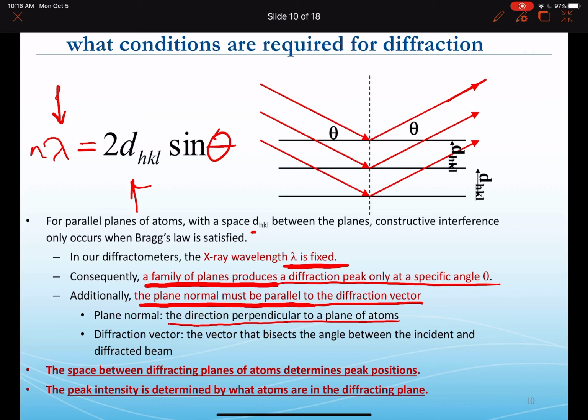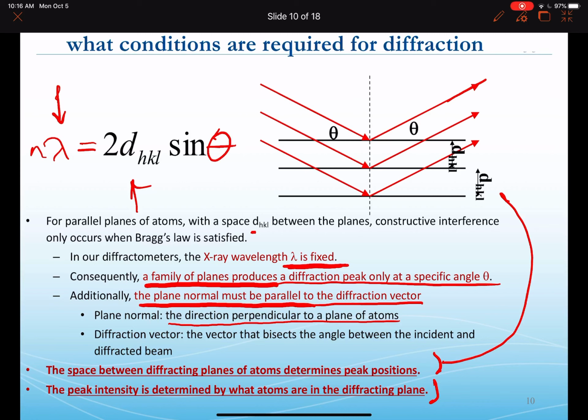Okay. And as we've seen before, just to reemphasize, the spacing between diffraction planes helps us determine where the peaks would be located in our XRD graph. And the peak intensities are a consequence of several things. We would expect at the very least what atoms are present in the sample.